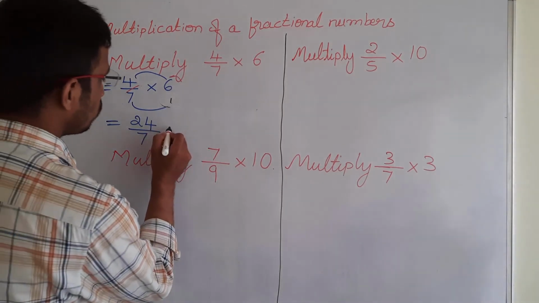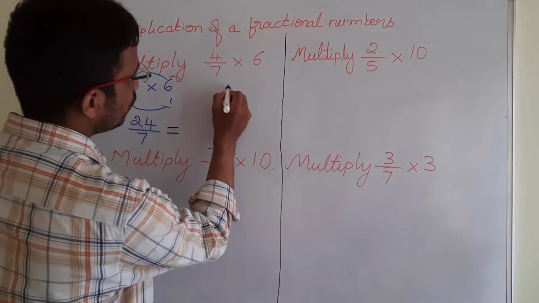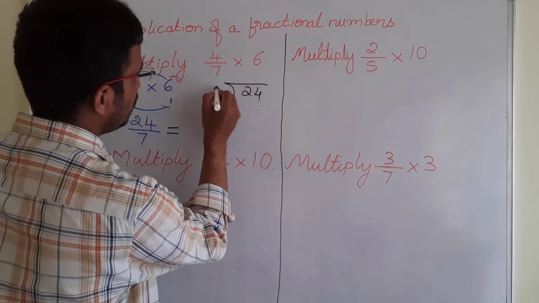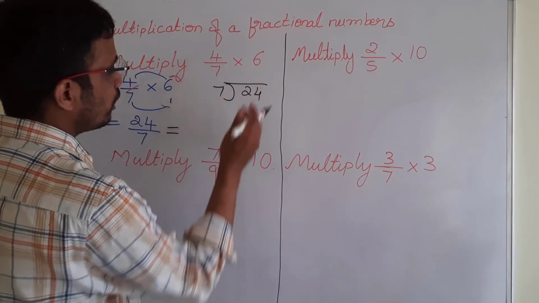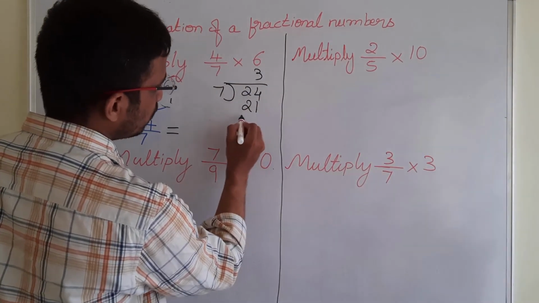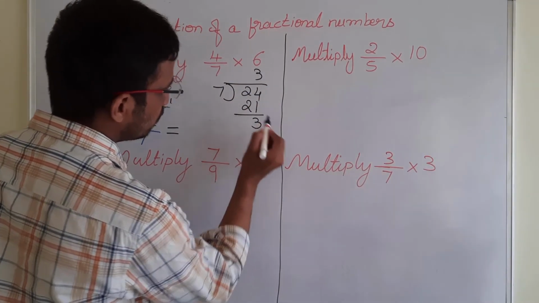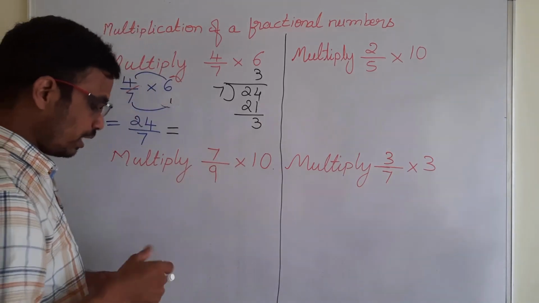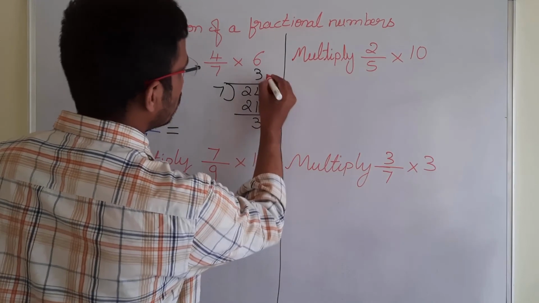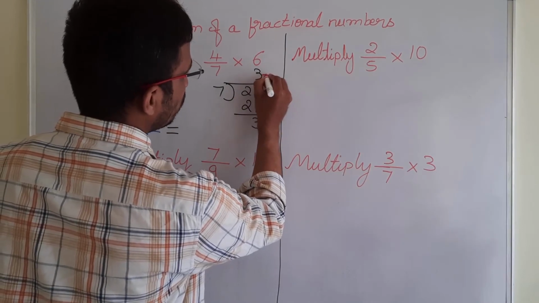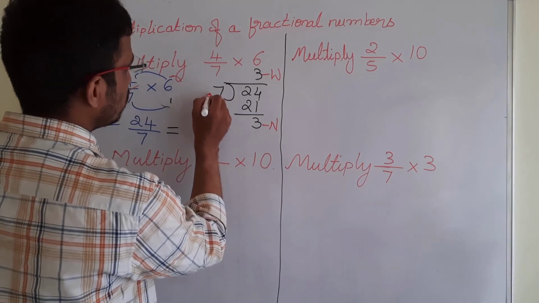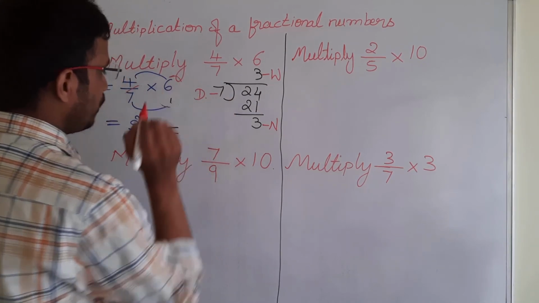To convert this into a mixed fraction, we need to divide the numerator by the denominator. 7 3s are 21. We got a remainder of 3. This 3 will become the numerator, this quotient will become the whole, and this divisor will become the denominator.